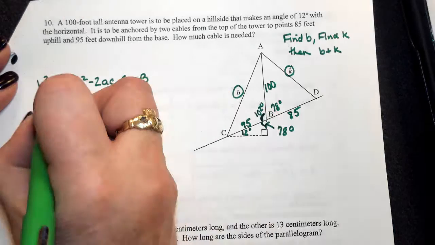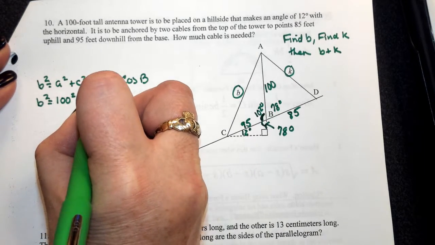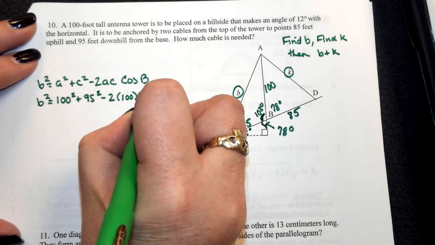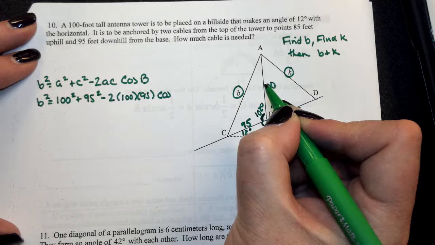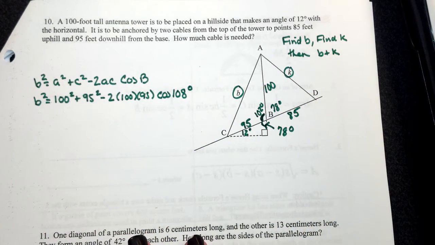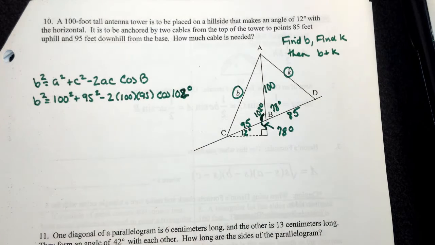So B squared is equal to 100 squared plus 95 squared minus 2 times 100 times 95 times the cosine of 102 degrees. Oh, yeah, 102. Thank you. That makes a big difference if I can read my own writing. Okay. So go ahead and now solve for side B for me.